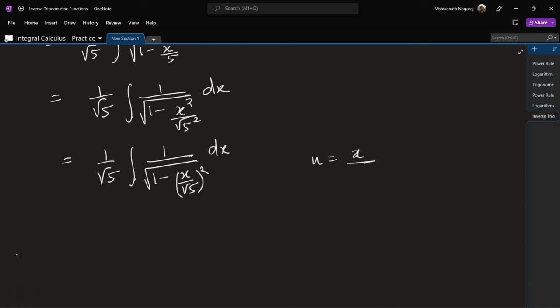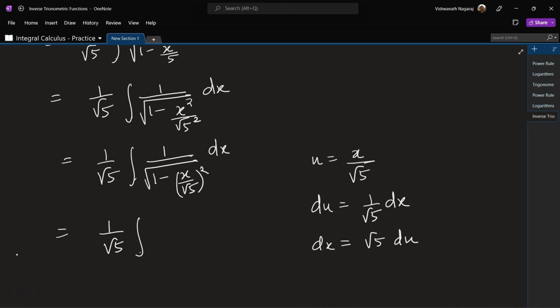And now we do the substitutions. u is equal to x by root 5, which means du will be 1 by square root of 5 dx, which means dx will be equal to square root of 5 du. So this becomes 1 by root 5 integral of, after substitutions, dx is root 5 du by square root of 1 minus u square.